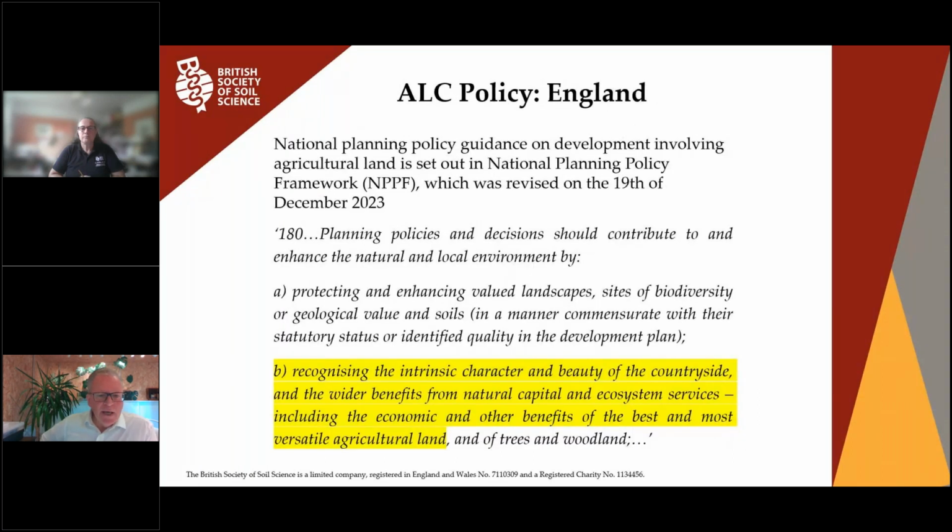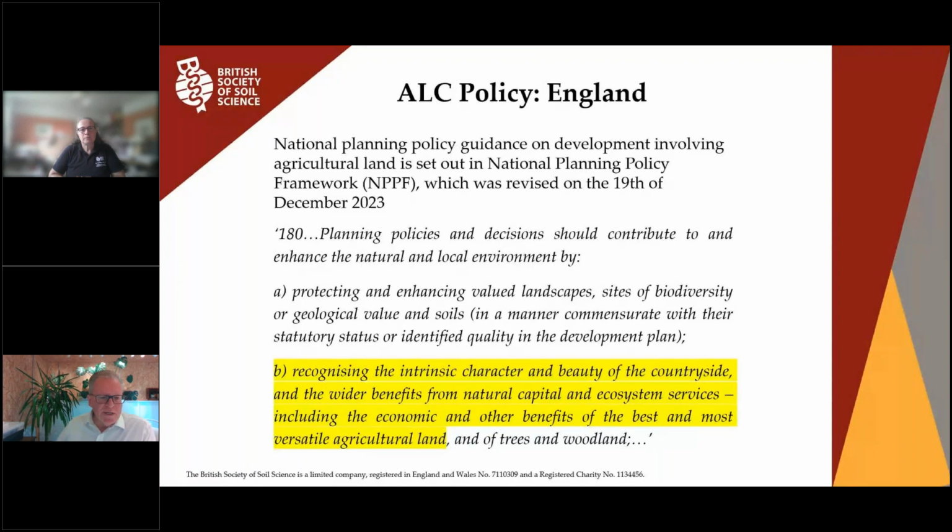So in England, very quickly whizzing through, there's relevant policy in the National Planning Policy Framework, which was last revised on the 19th of December. As you'll all be aware, since the Labour government got in, there are plans to amend the NPPF, and so I'll be just dealing with that briefly at the end.